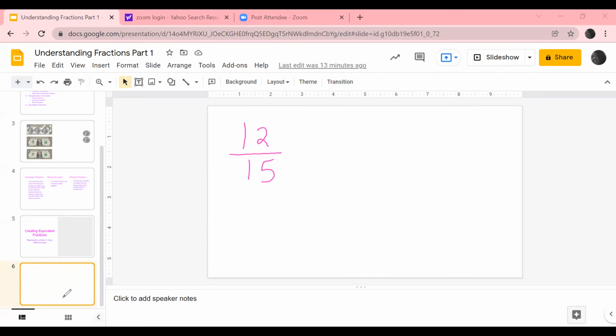So if I didn't see automatically that that was 3, what I can do is find all of my factors of 12, and then find all of my factors of 15. So normally I would create a T-chart. And the reason why I do create these T-charts, and I do like these T-charts, is because you can use the T-charts for many different concepts in math.